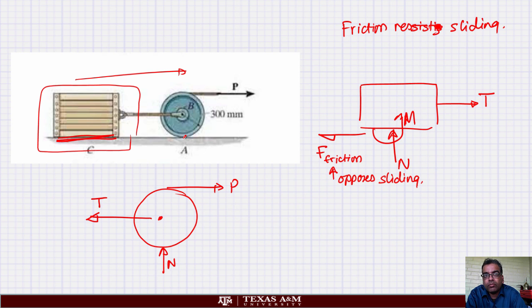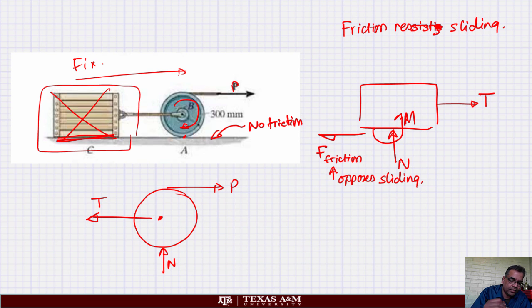This will just be a roller. But it's a powered wheel. Imagine what will happen if this thing were fixed. If I fix this and I pull here and there is no friction, what will happen? Is it obvious to you that it's going to start turning like that? So the sliding is going to be backwards, right? Friction will stop that by preventing it from sliding backwards.